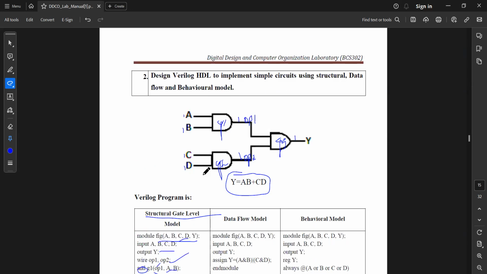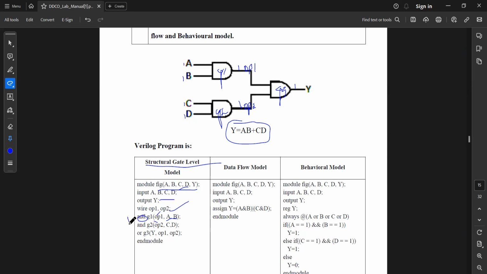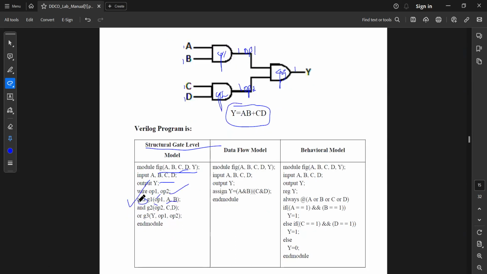We had named the gates as G1, G2, G3. First we perform the first AND operation. In G1, A and B are the inputs and OP1 is the output. That's what we have written here. We had given the input as 1, 1, so 1 into 1 will be 1 and in OP1, 1 will be stored.